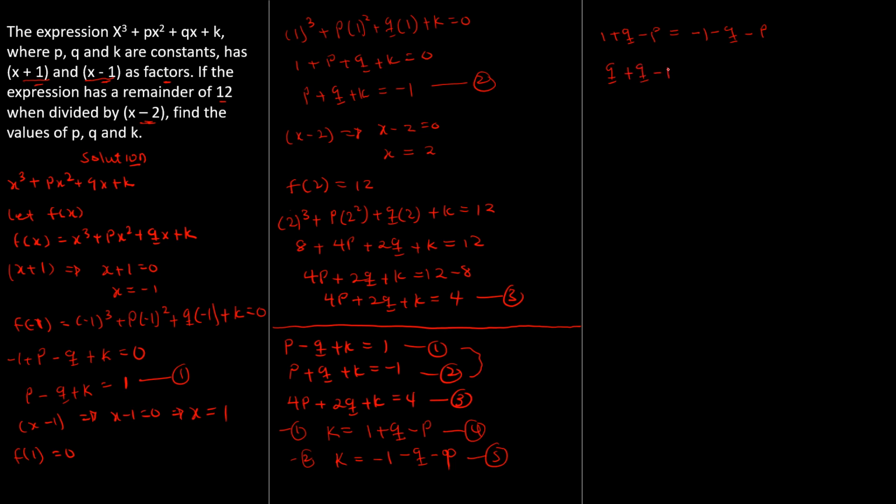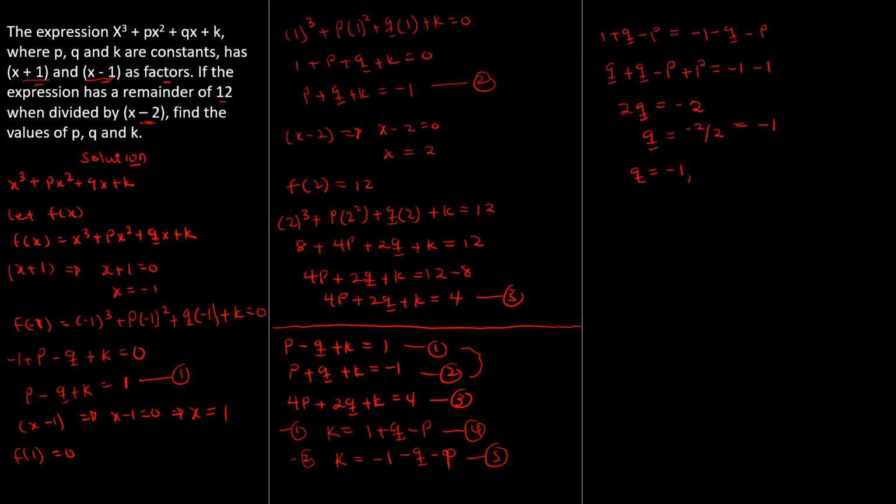This p is minus p, this p comes in here to be plus p, is equal to -1, and when this gets in here it will be -1 as well. And then from here I can say 2q, and this will give me 0, is equal to -2. So q is equal to -2 divided by 2. That will give me -1. So we have our q to be equal to -1. We are done with that one.